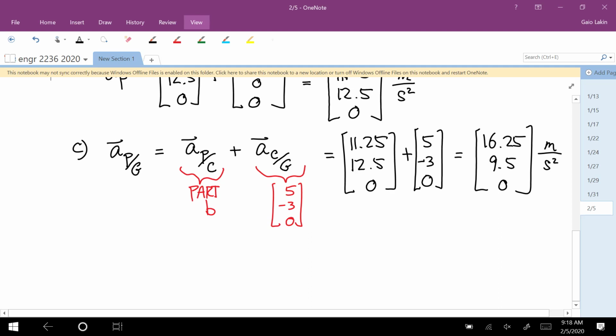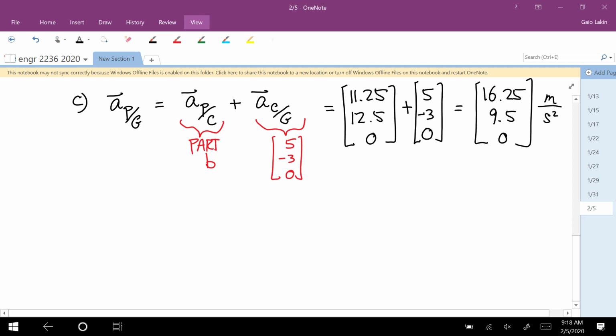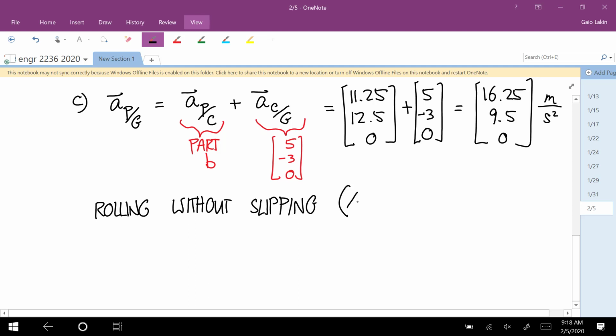Well, let me go on to the next thing that is sort of related to this. So that's rolling without slipping. And we're going to talk about this rolling along a flat surface. It doesn't have to be horizontal, but it has to be flat.